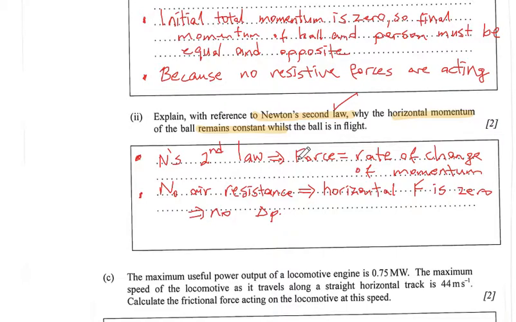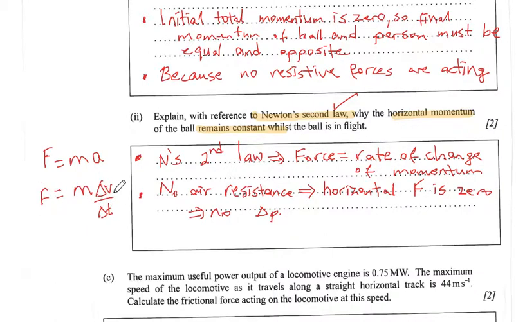Just a note about this. We learned originally that Newton's second law is mass times acceleration. It is equivalent to saying rate of change of momentum. As a reminder, let me explain why. I write acceleration as change in velocity divided by change in time.